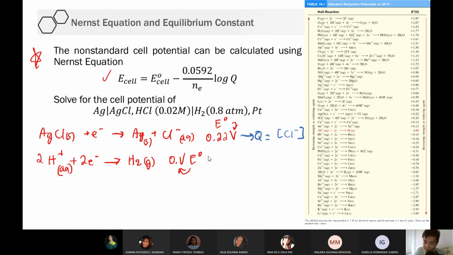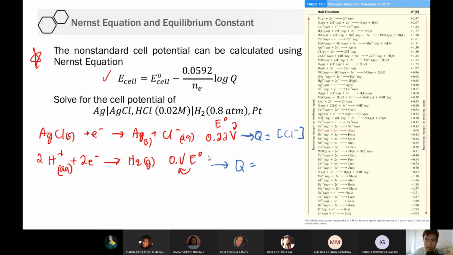And then, for this one, sa baba, di ba naaalala nyo, magkaiba yung Kp pati Kc. Magkaiba yung pressure, magkaiba yung concentration. Di ba naalala nyo yung dati, sa equilibrium. Pinaghihiwalay natin yun eh. But this time, for equilibrium ng electrochemistry, pagsasamahin mo na yung pressure and the ions, okay?